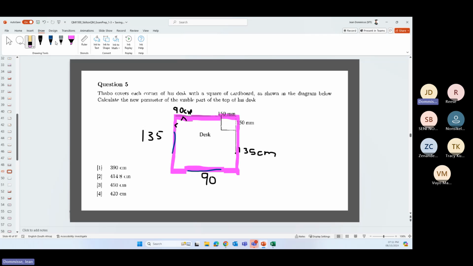So let's just see if this is one of those that they want to catch us out. Then I will just add the 135 plus 90 plus 135 plus 90. 135 plus 90. So I would have gotten 450, which is option 3.